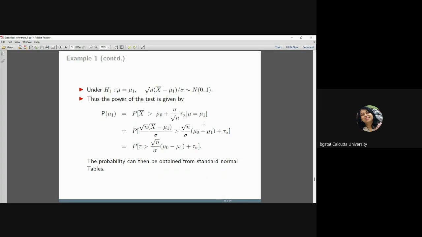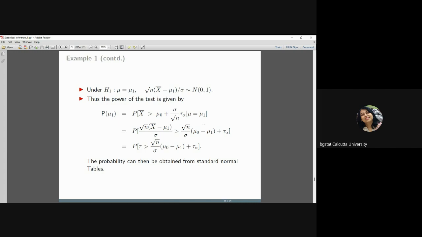Suppose we want to calculate the power of the test. To calculate the power, we have to assume that the alternative is correct. So if the alternative is correct, then in the previous case, we had root n x bar minus mu naught by sigma following normal 0, 1. In this case, root n x bar minus mu 1 by sigma will follow normal 0, 1. And again, we can use the equivalence with the standard normal distribution and find what is called the power function.